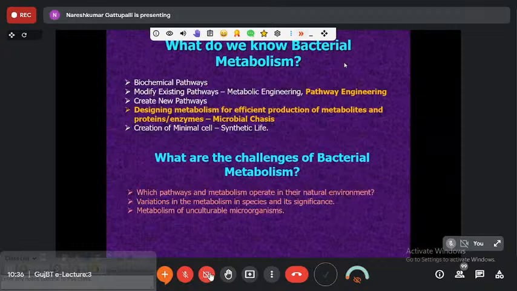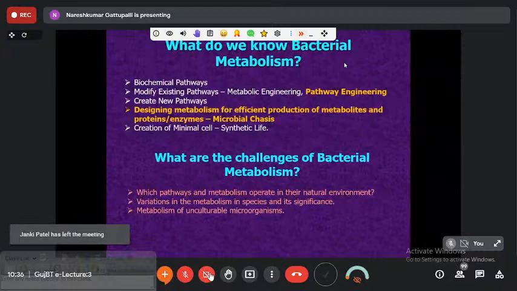Now you reduce the structures, microbes are there. Many of the things which may not be required for survival and their basic properties in a defined environment. So making the microbes very, very efficient. So this is one of the hot topics which is going on now. This is called microbial chassis.